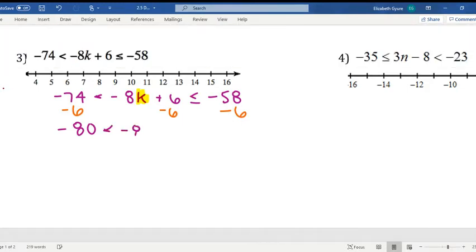So you'll have negative 8k, and then is less than or equal to negative 58 minus 6. Negative 58 minus 6, what do we think? Negative 64, good.